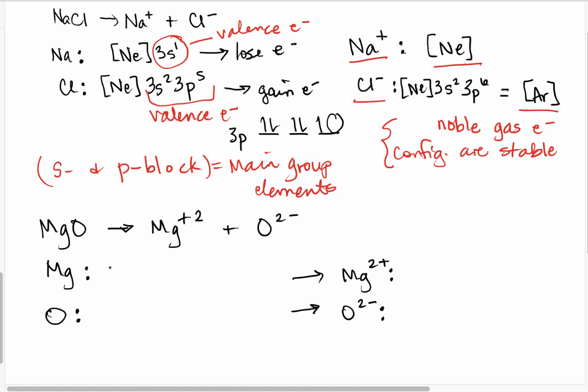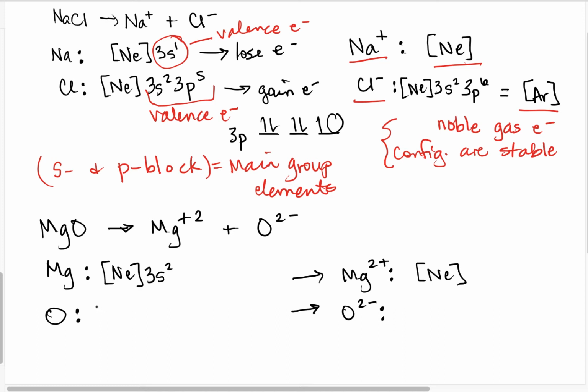Okay, welcome back. So hopefully you noticed that this also is neon core with 3s2 electrons in its valence shell, and those two 3s2 electrons are going to be the ones that are removed. And so this will be our neon noble gas electron configuration.